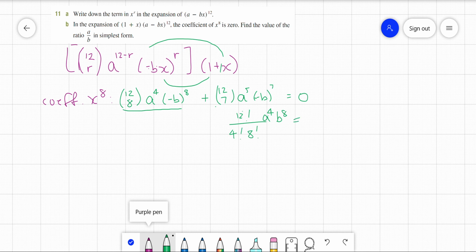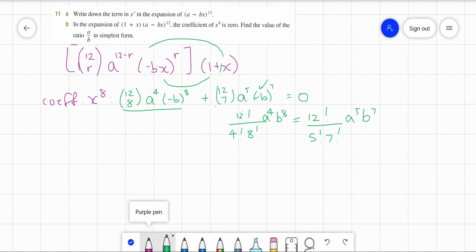And that equals, so I'll put all this on the other side using that negative, negative to the power of 7. Because it's on the other side, it's now positive. So 12 factorial on 5 factorial, 7 factorial, so 12 minus 7, and 7 factorial, a to the 5, and b to the 7. Okay, because the minus cancelled, I put it on the other side.